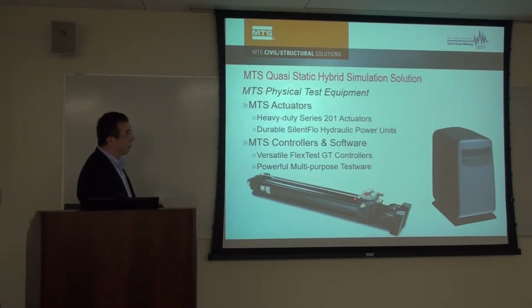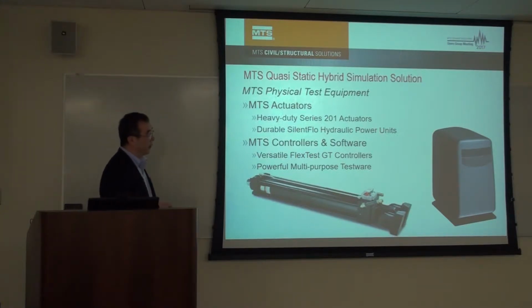You can see this actuator with a very small servo valve. That means it moves very slowly. That's fine, because this is a slow hybrid test. Some of these hybrid tests take a long time because of the integration step size and stuff like that.